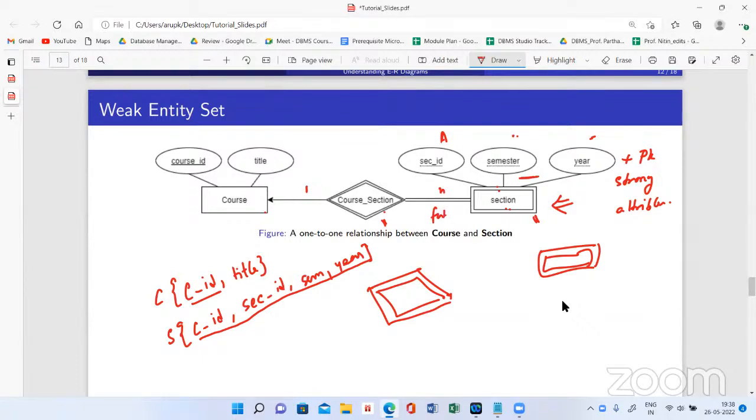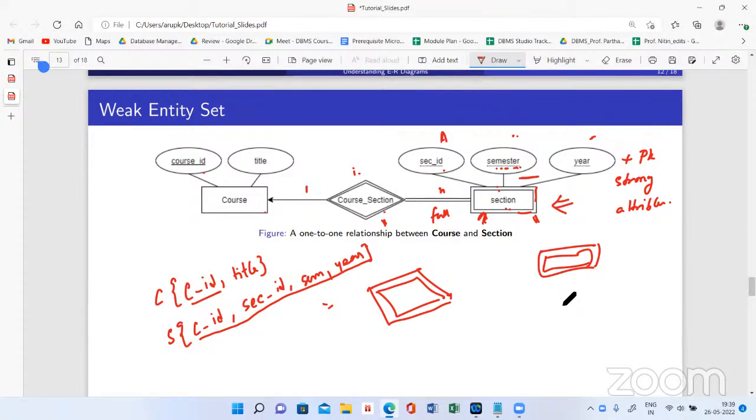This is full participation. This is the identifying relationship, meaning this particular entity doesn't exist without the course. And this double rectangle is a weak entity, having a partial key or discriminator, which should be a dotted underline. The discriminator along with the primary key of the identifying strong entity creates the primary key for the weak entity.